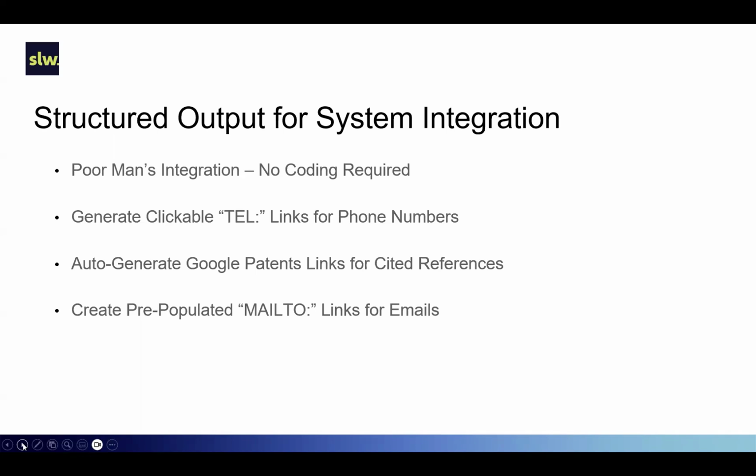It's a very quick way to, for example, call an examiner before an interview. I have another one where it will analyze an office action and provide links to the cited references via Google Patents.